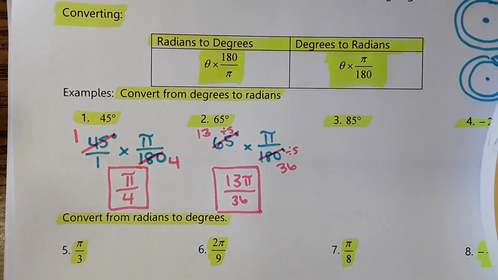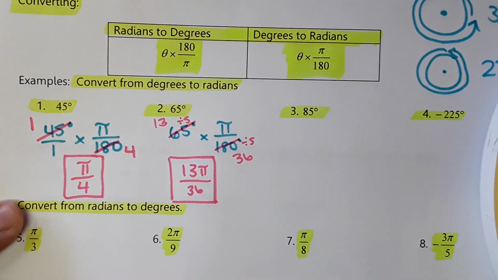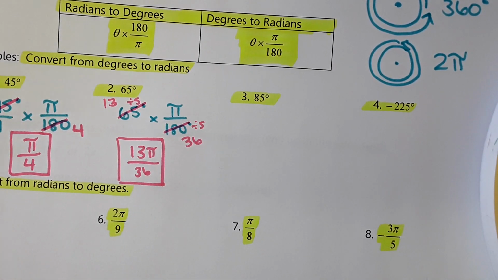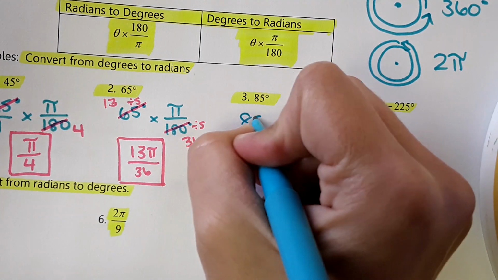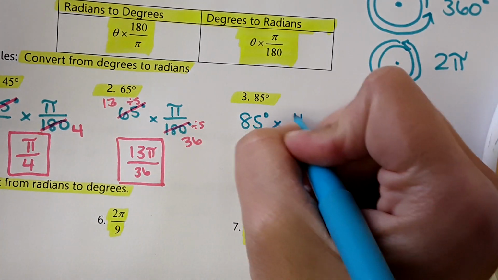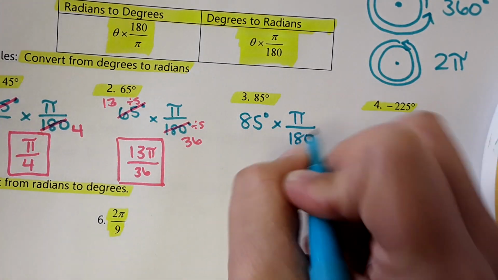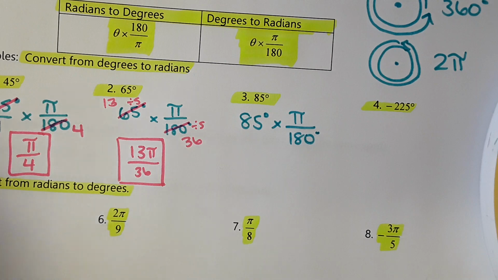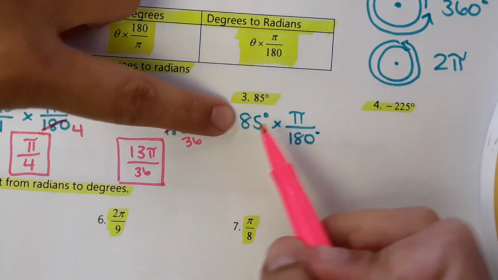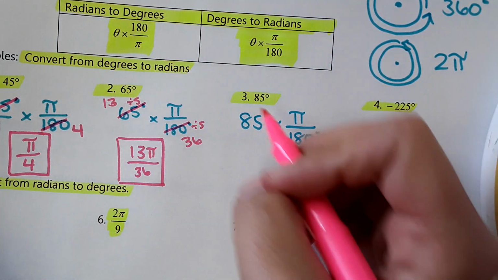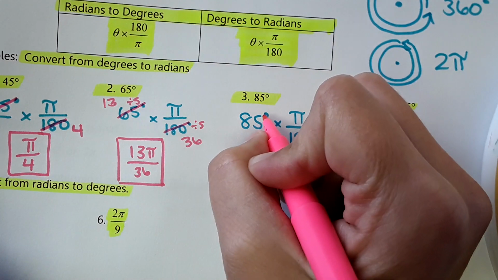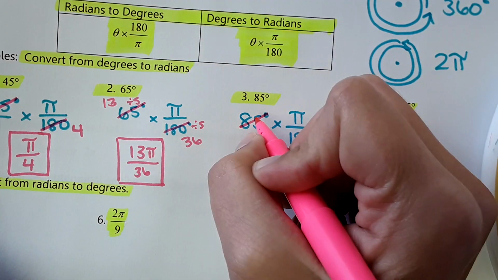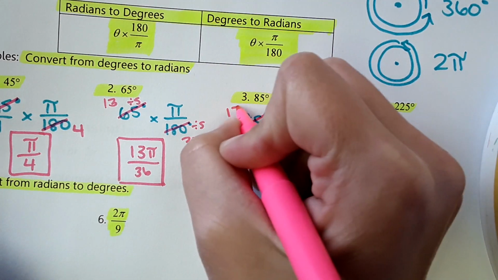So far, so good? Okay, next one. Now we just repeat. 85 degrees times pi over 180. Okay, we divide both of these by 5. 85 divided by 5 is 17.